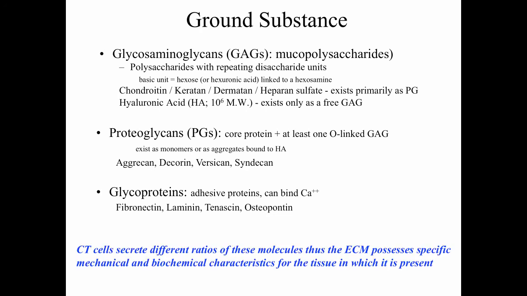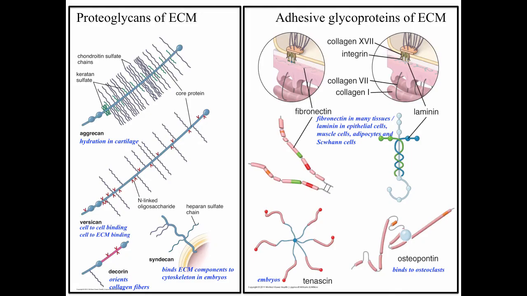Now it turns out, and this is an important point, connective tissue cells secrete different ratios of these molecules in the ground substance. So the extracellular matrix is going to possess specific mechanical and biochemical characteristics that are going to be unique for the tissue in which it is found or in which it is present.